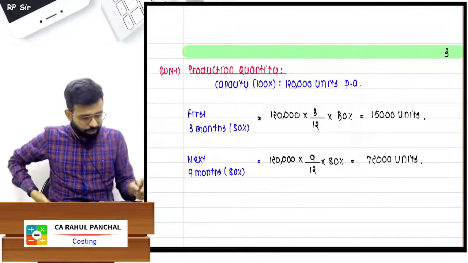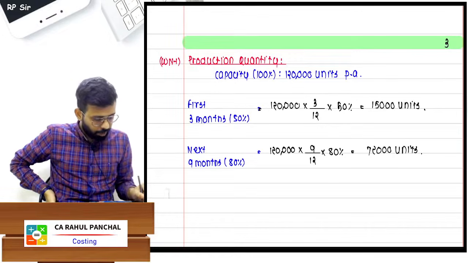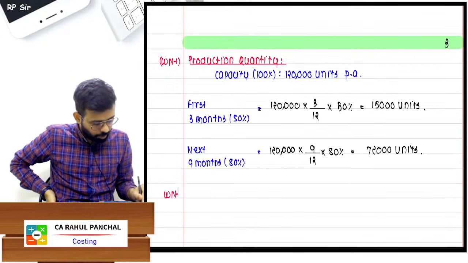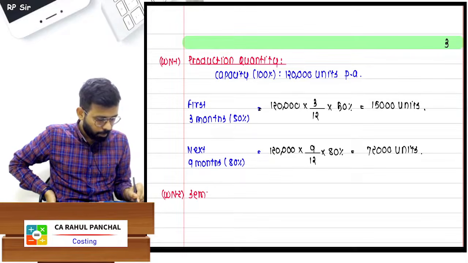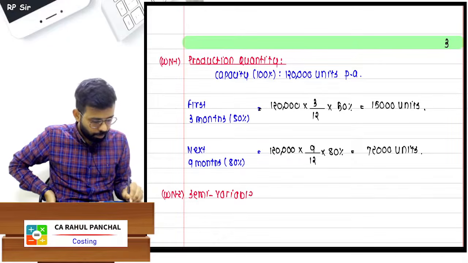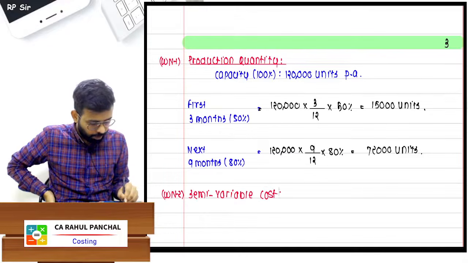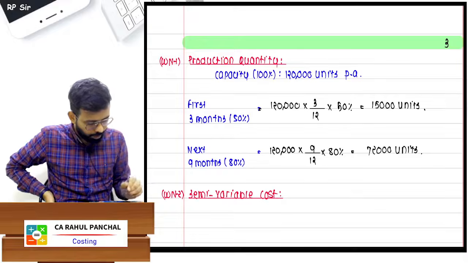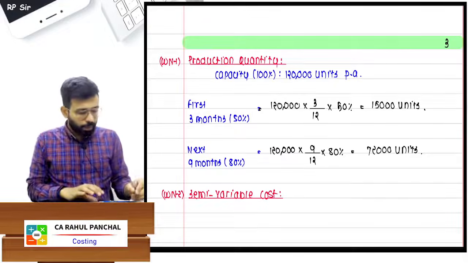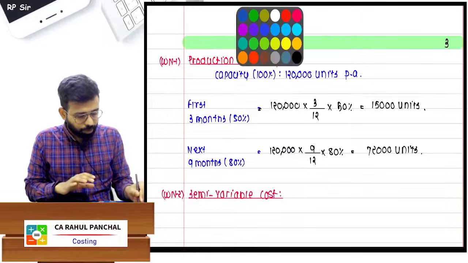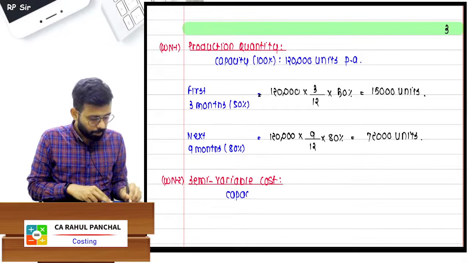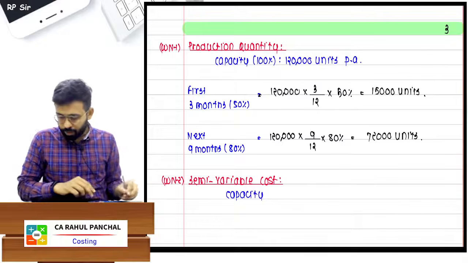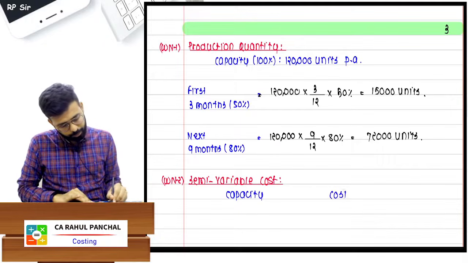Now there is a second thing where you can make a mistake, that is your semi-variable cost. So please make the working for semi-variable cost. Now if you talk about semi-variable cost, some information is given in the question, that is capacity, and then what is given is cost per annum.